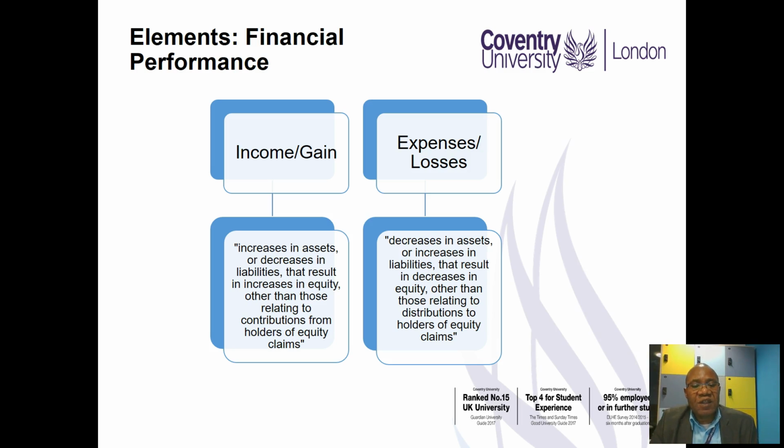Now, if you look at this definition carefully, you will understand why dividend is not deducted from the profit or loss account, because that relates to distribution to equity holders. And when the equity holders acquire more shares, these are contributions from holders of the equity and therefore cannot be regarded as a gain.